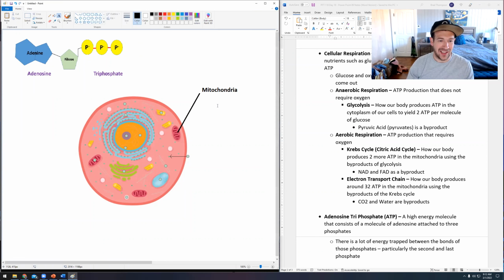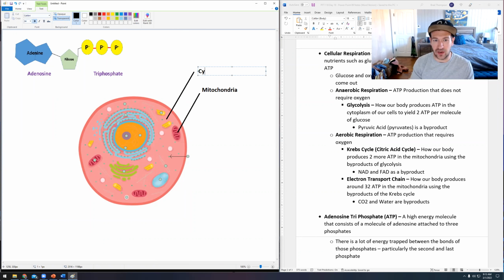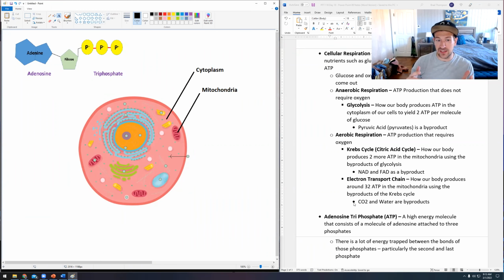I hate to say it, but there is also just this kind of empty space here, but it's not actually empty, right? This is our cytoplasm. So the cytoplasm is the fluid found within our cells. Now, each of these little areas are actually really important. The cytoplasm is not just empty space that doesn't do anything.